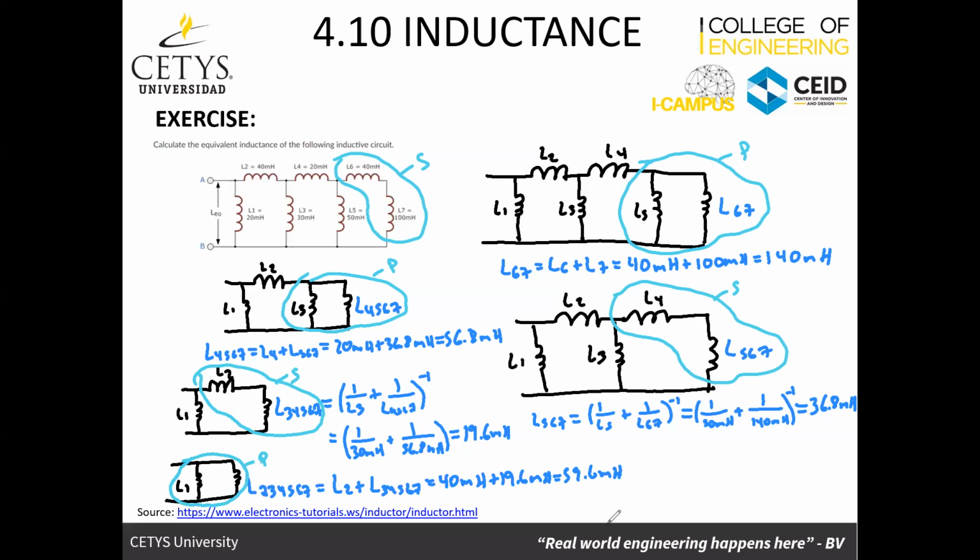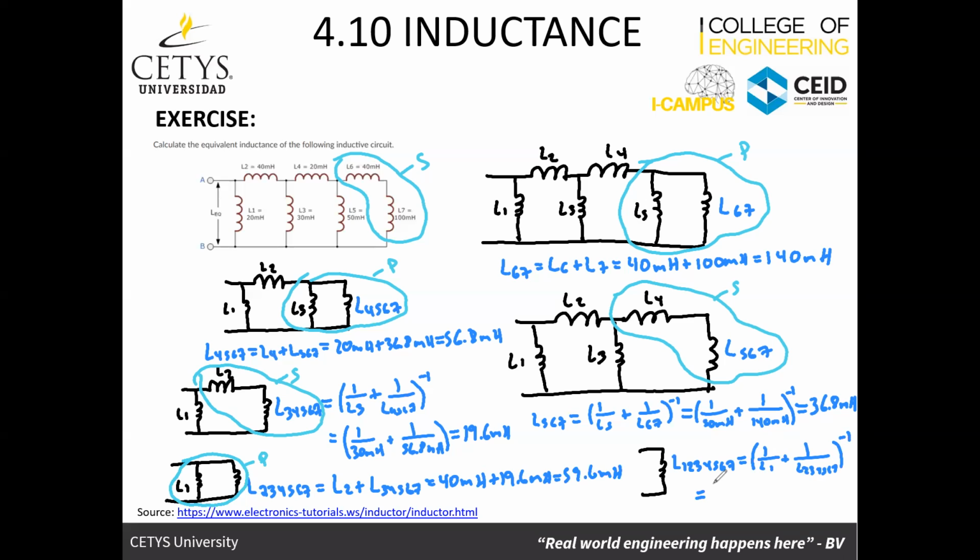And this is going to give us the total inductance, L1, 2, 3, 4, 5, 6, 7, which is going to be 1 divided by L1 plus 1 divided by L2, 3, 4, 5, 6, 7, all to the minus 1.